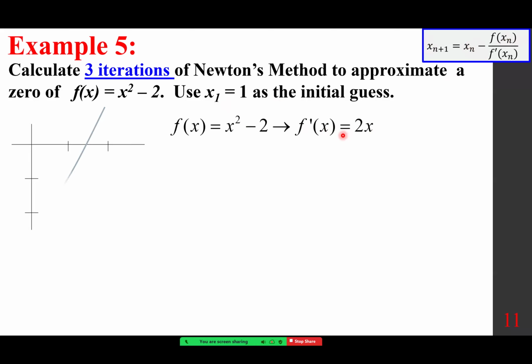So if you look at the graph, remember y equals x squared is a parabola that goes here, and then x squared minus 2 is the same function moving down by 2 units. Now, x sub 1 is here, x sub 1 equals 1.